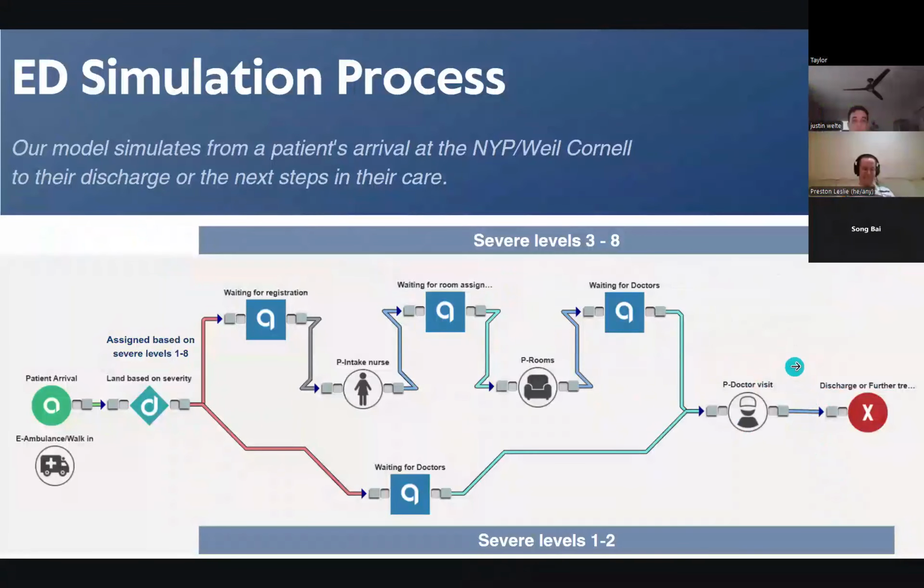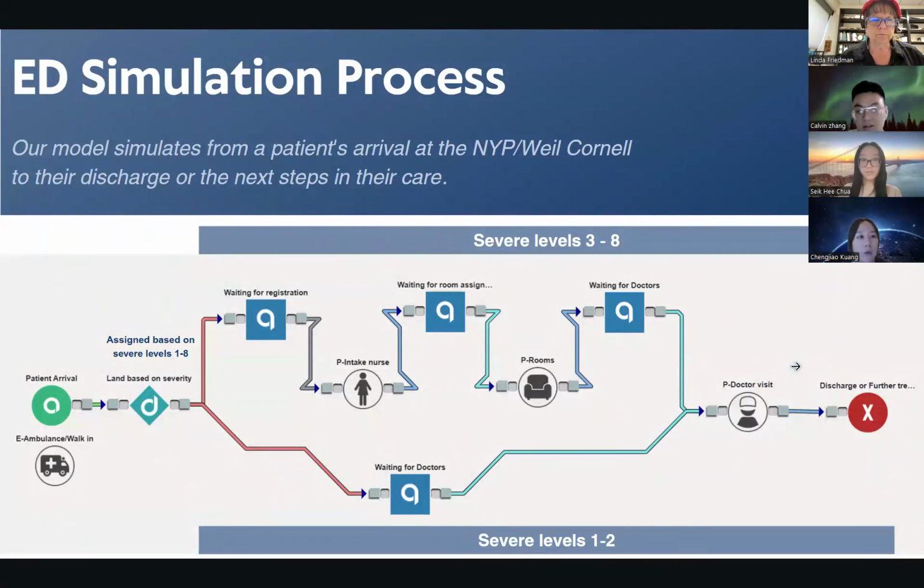Thank you, Calvin. So this is an overview of our ED simulation process, which we created using Cloudus. Our model simulates from a patient's arrival at the NYP Weill Cornell to their discharge or the next steps in their care. The process starts from the patient's arrival at the hospital, either walk-in or by ambulance.